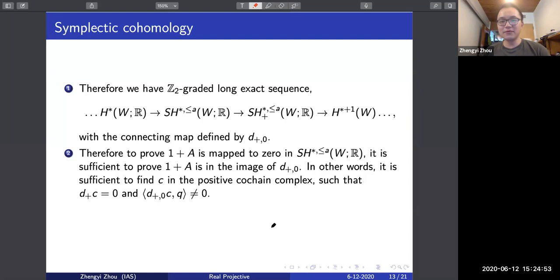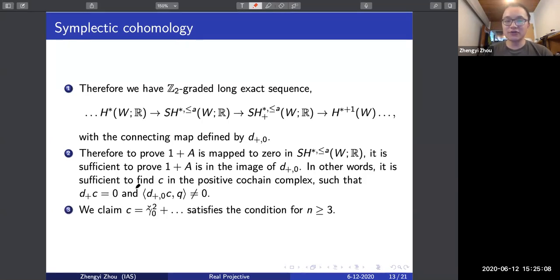If we prove this is true, then we can apply the proposition I mentioned before to show that the cohomology of the filling is controlled by the positive symplectic cohomology. Okay. And what we claim is actually this class C can be written as this gamma 0 square check plus some error correcting terms for n bigger or equal to 3. And that's the claim.